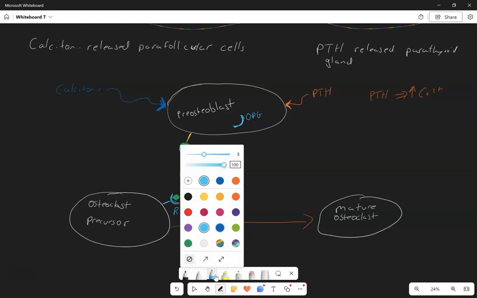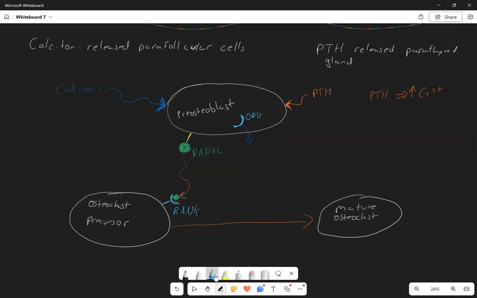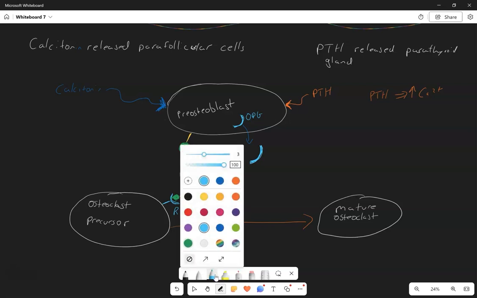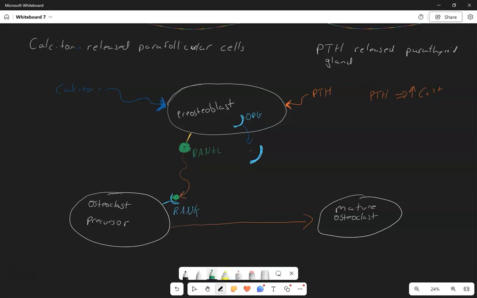That osteoprotegerin is going to get released from that cell, and what we end up with is osteoprotegerin out here. That RANK L can bind to that osteoprotegerin. And so if this RANK L is bound to osteoprotegerin, it cannot bind to RANK.